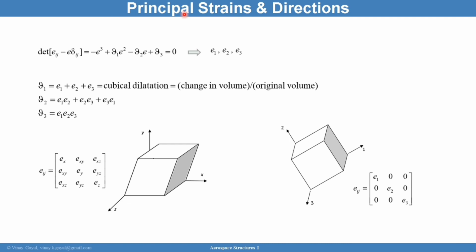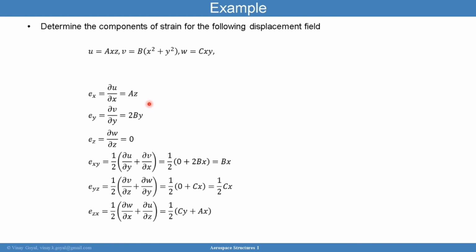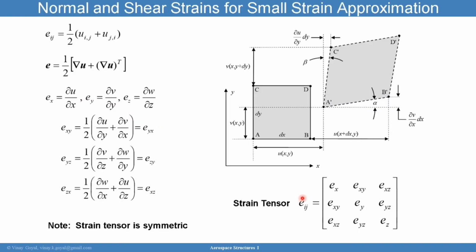I can also calculate the principal strains and directions. To do that, you can calculate the determinant just like we did before. You put this in a matrix like that, and you put a minus lambda here, minus lambda here, minus lambda here, and find the determinant.